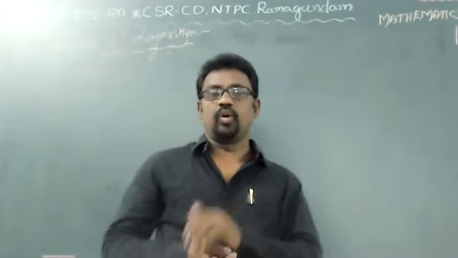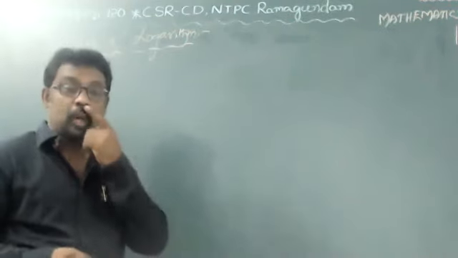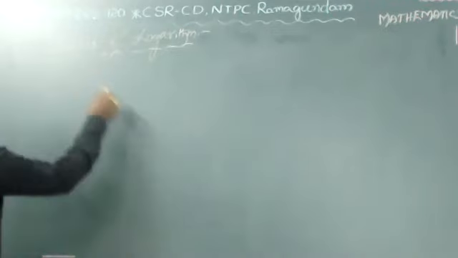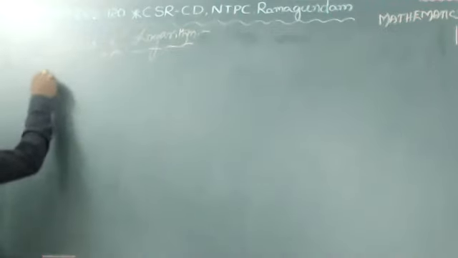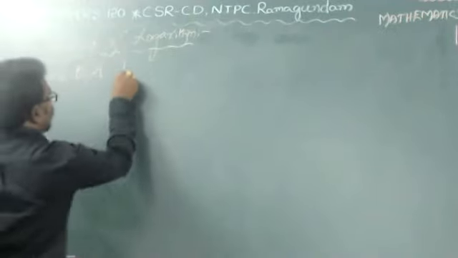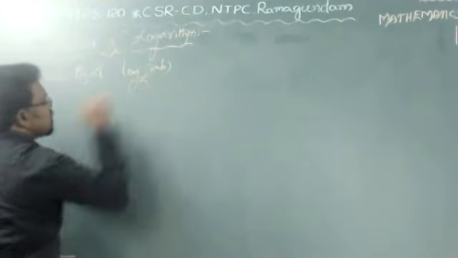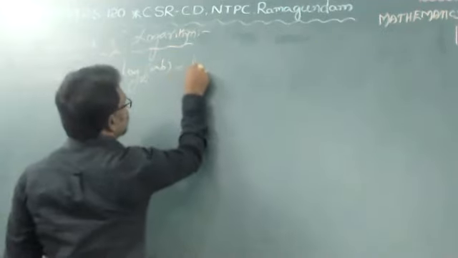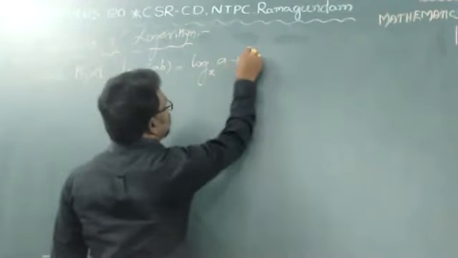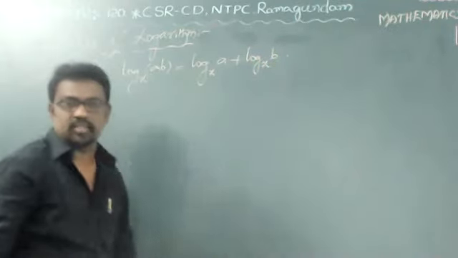Meanwhile, first we'll go with the first one, that is the product of logarithm. Product of a logarithm, first one. Prove that log AB to the base x is equal to log A to the base x plus log B to the base x.